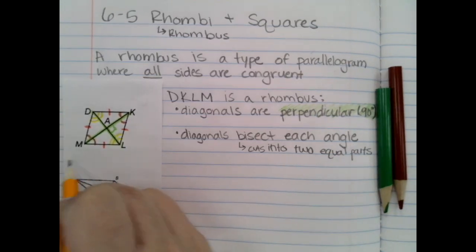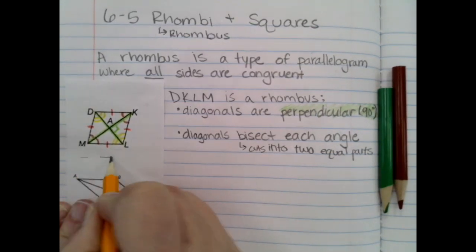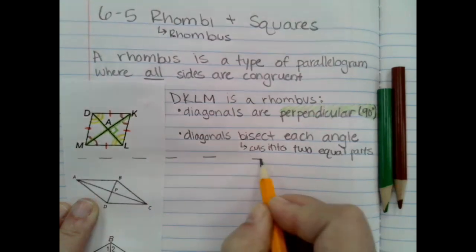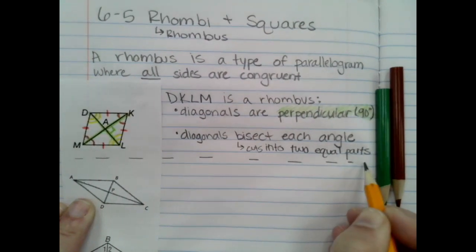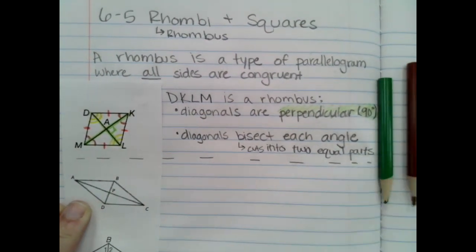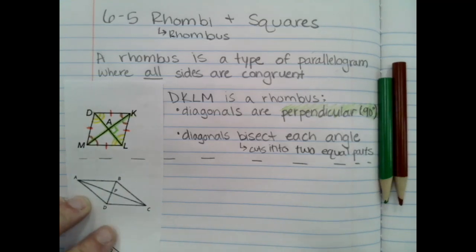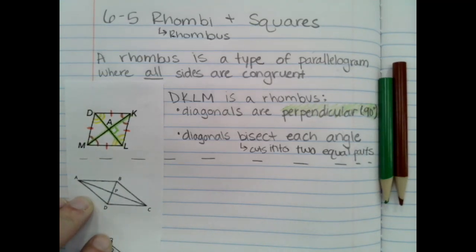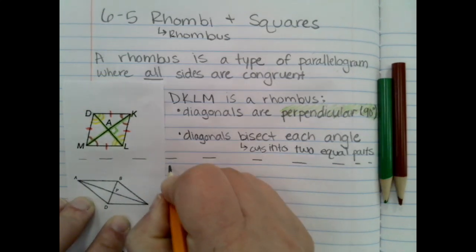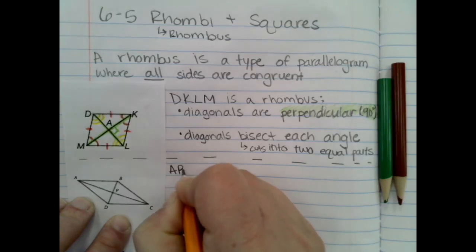All right, if you want to draw a line across saying that that is kind of all the definition information that we're going to go through, and then we have a couple examples that we will jump into. All right, for this next one, we know ABCD is a rhombus.